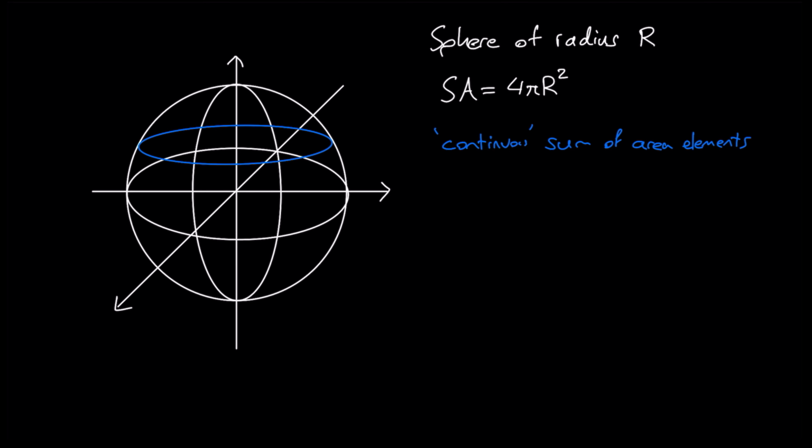So this is my area element. And again, this area element has a tiny amount of width so that it's an area. And I'm going to call this width ds because it's a tiny chunk of arc length around the sphere.